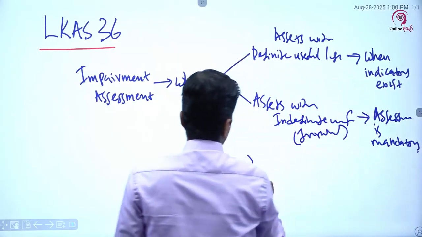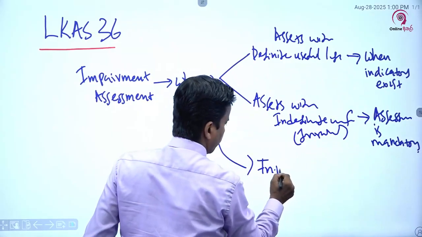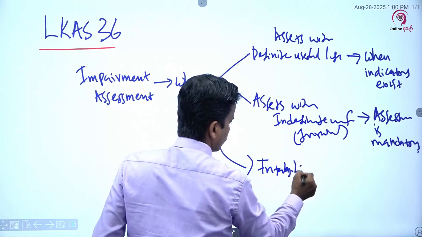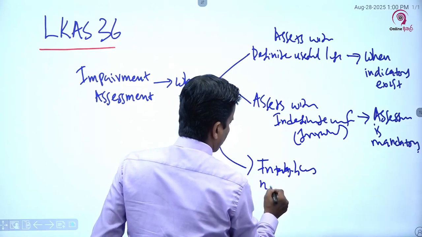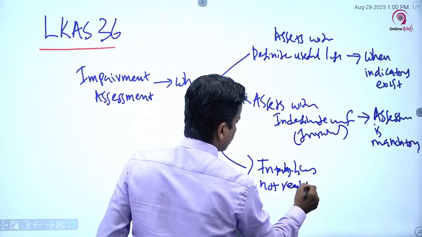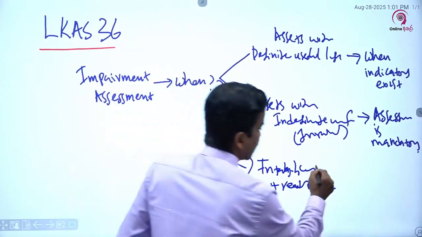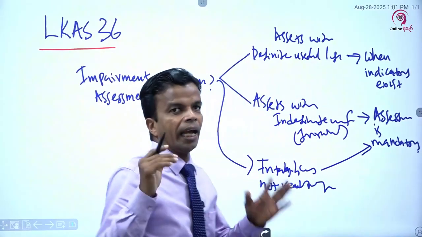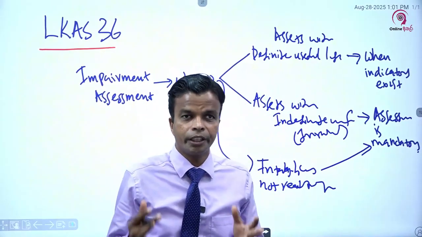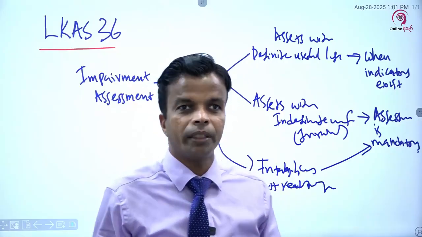Third category, we discussed this before, are intangibles which are not ready to use. If you have any intangible which is not ready to use, the same thing applies. At the year end, as a mandatory requirement, you should do the impairment assessment.